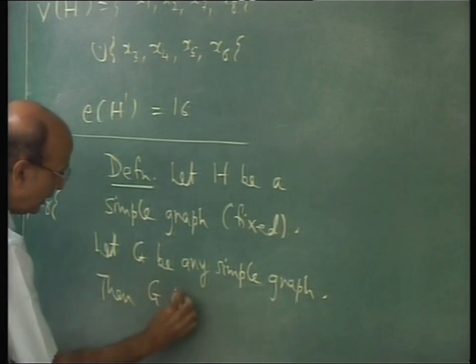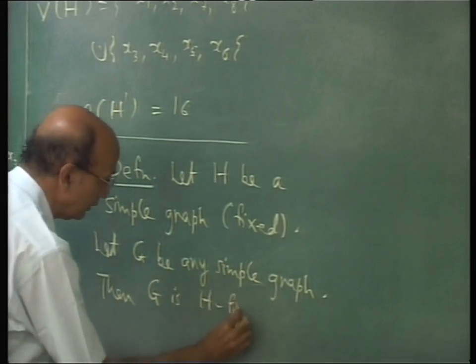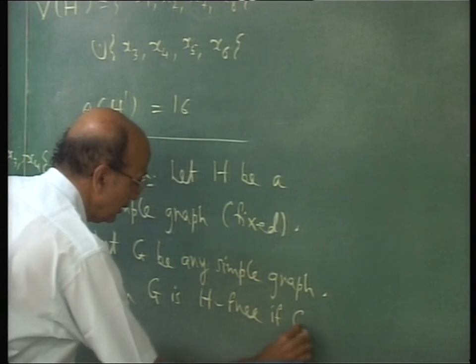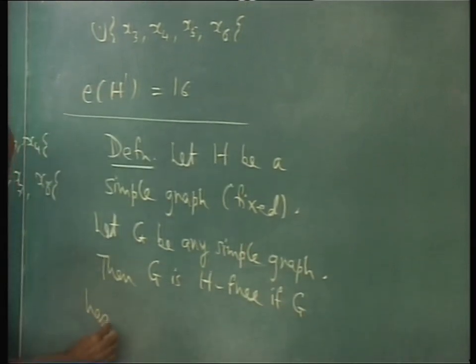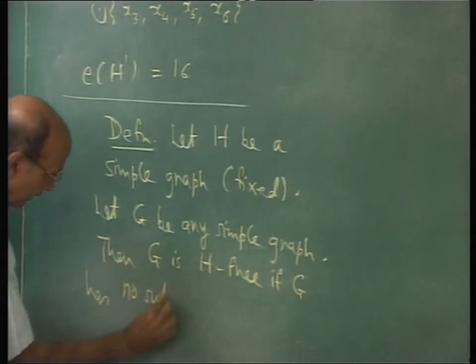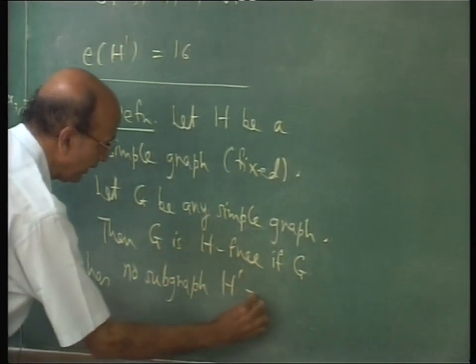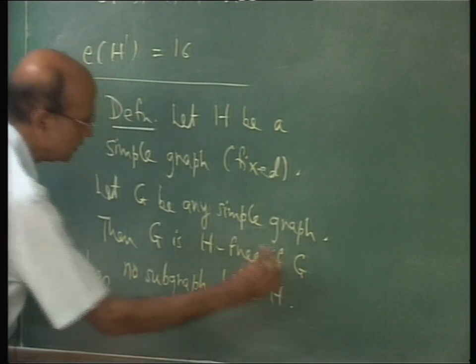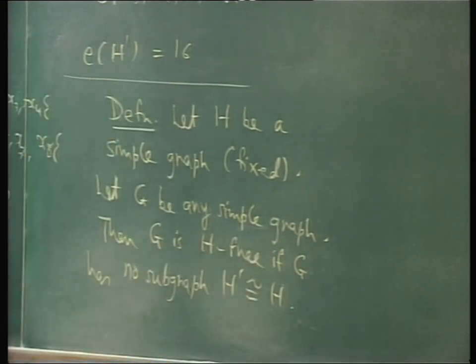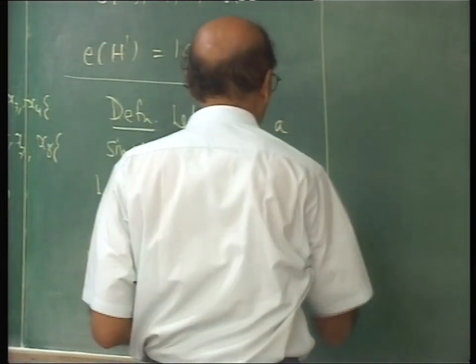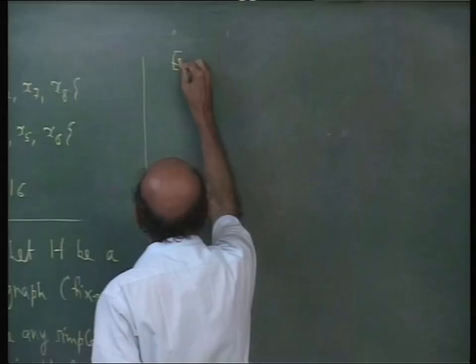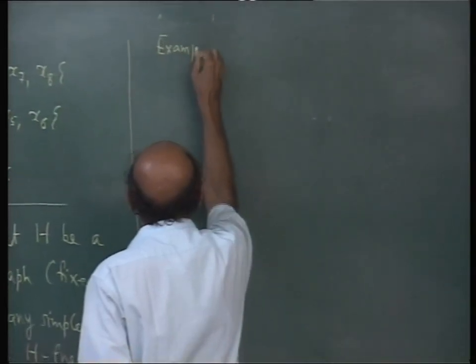Then G is H free if G has no subgraph H prime isomorphic to H. Example. So let's begin with small examples.